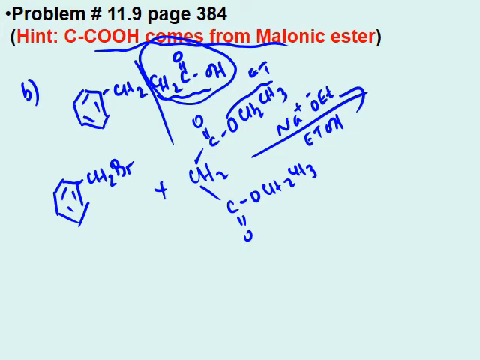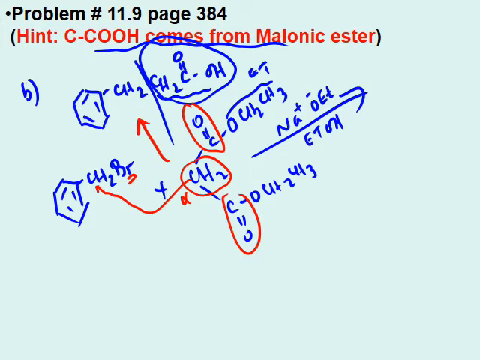These two hydrogens that you have are both acidic, because this is the alpha location from each of these C double bond O groups. So we have two C double bond O groups of malonic ester, and this Br eventually is going to leave, and there will be bond formation between this carbon and this carbon. During the heating process in the last step, carbon dioxide would leave, and then finally you get this product.